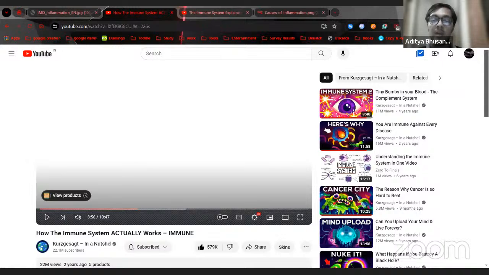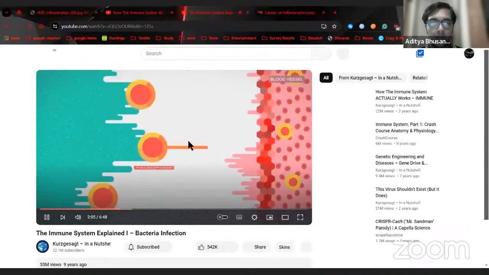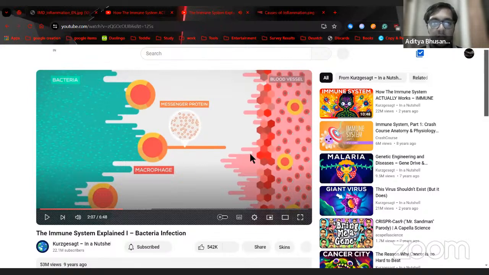Inflammation is also triggered by an increased blood flow to that area, which brings more oxygen for the immune cells to fight and for the body cells to divide and close up the hole or fix the damage. Another view of this, as you can see, inflammation is really a part of your immune system.